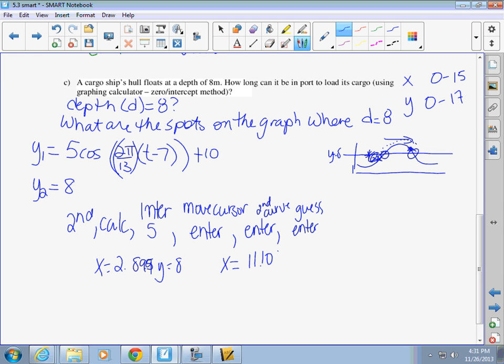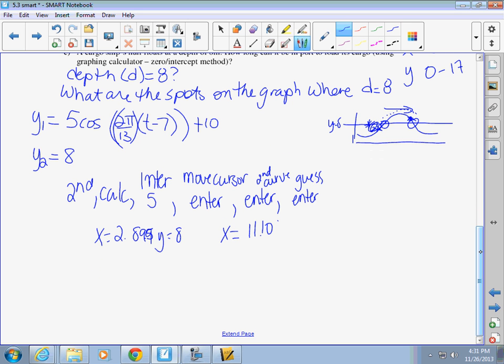So that means the first time it happens is at about 2 o'clock in the morning, 2.89, so almost at 3 o'clock. And then again at 11.1 hours, so that's just past 11 o'clock in the morning.